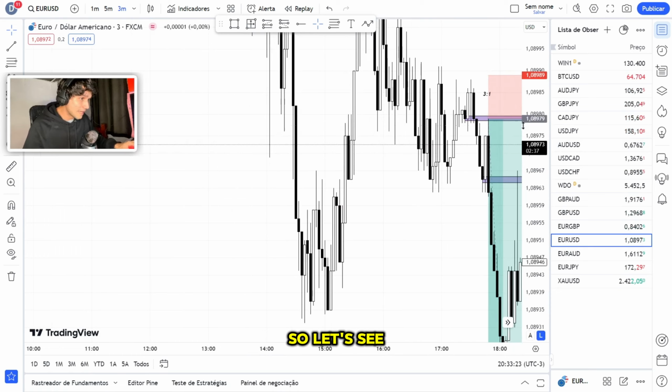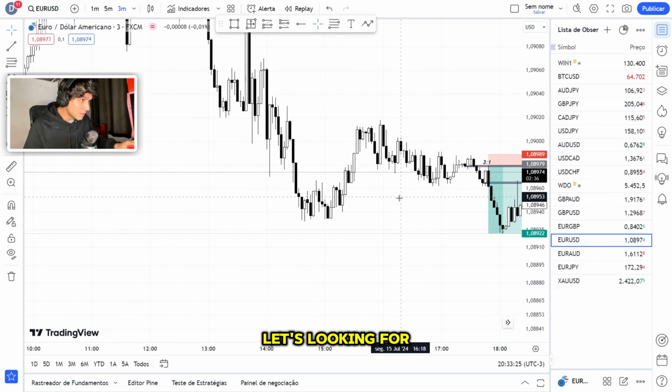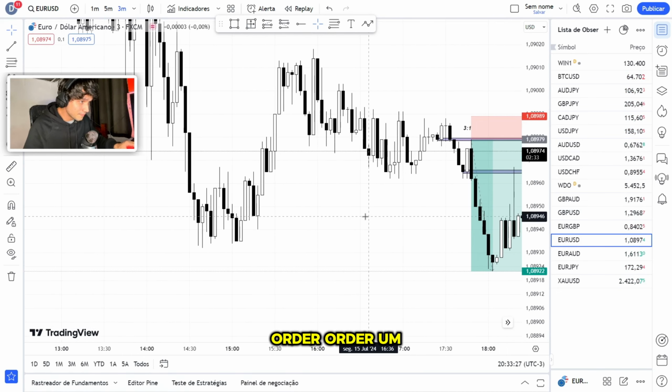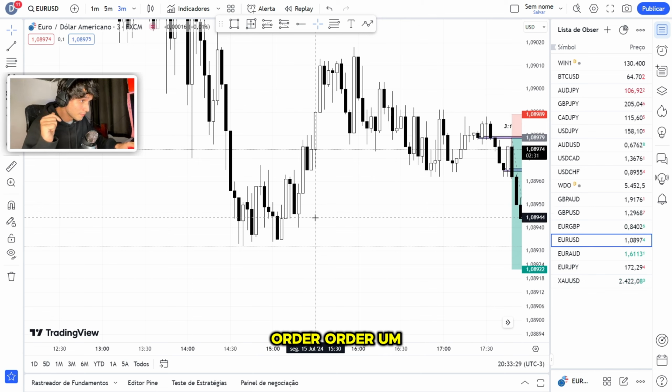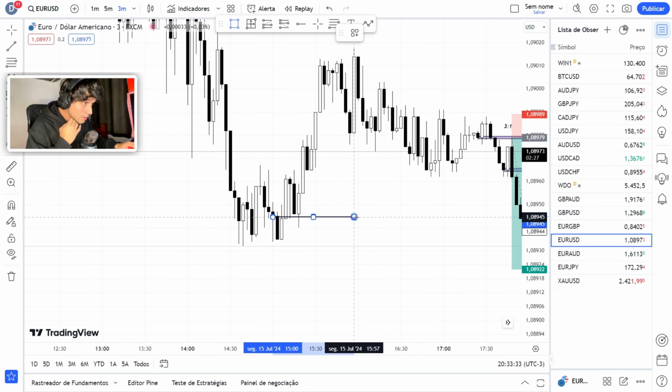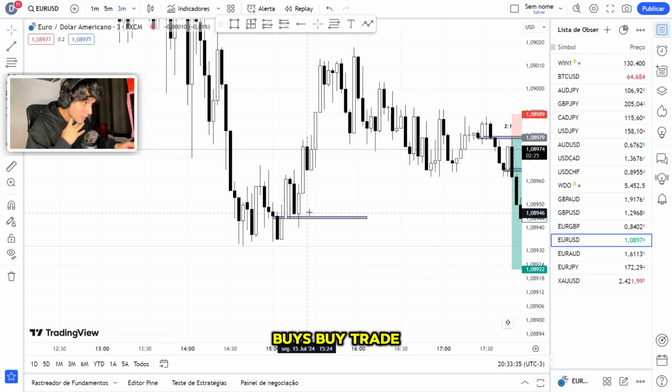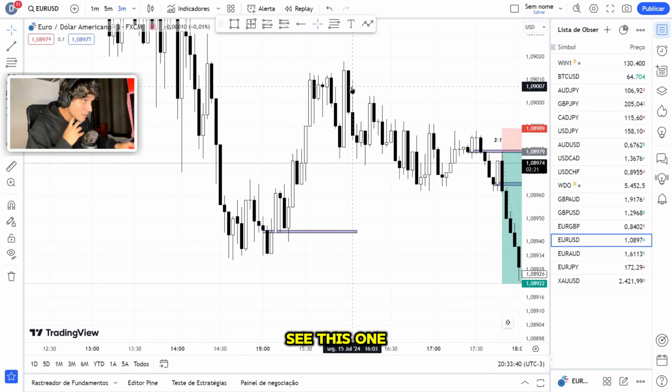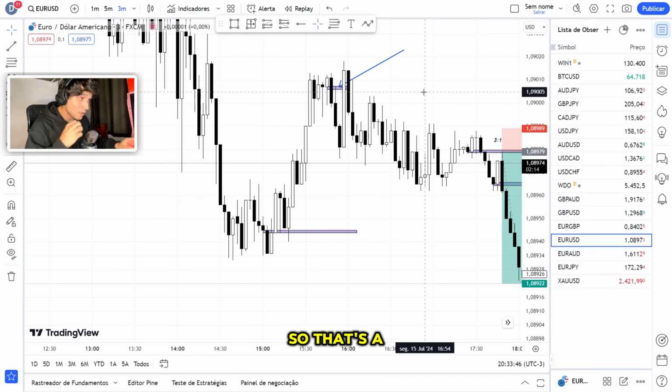All right, so let's look for order blocks. You can see a buy trade right here in this order block, and you can see this one right here in this order block. So there are a lot of order blocks that you can trade.